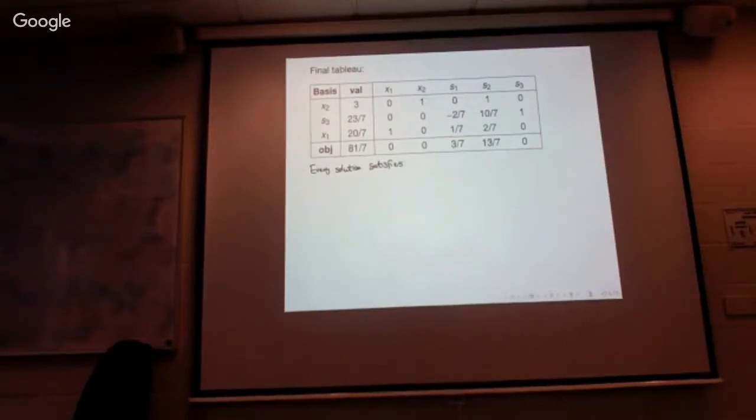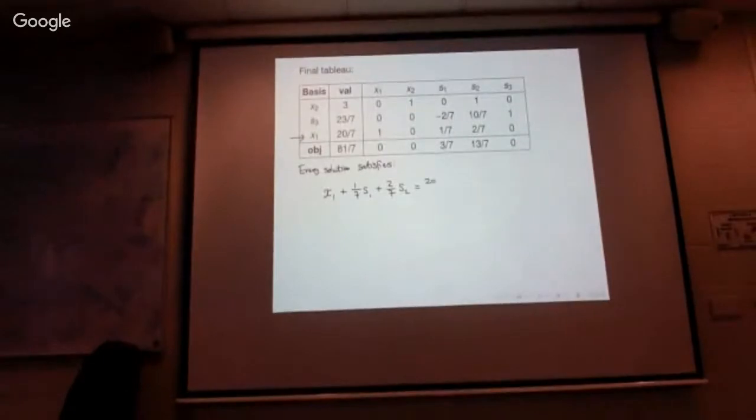If I'm looking at this row, I get x1 plus 1/7 s1 plus 2/7 s2 is equal to 20/7. Do you agree? Yeah, that's what the simplex tableau does.